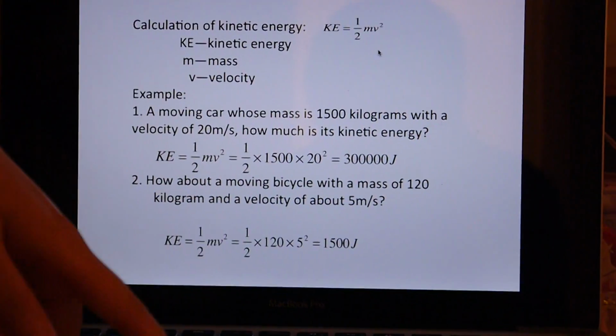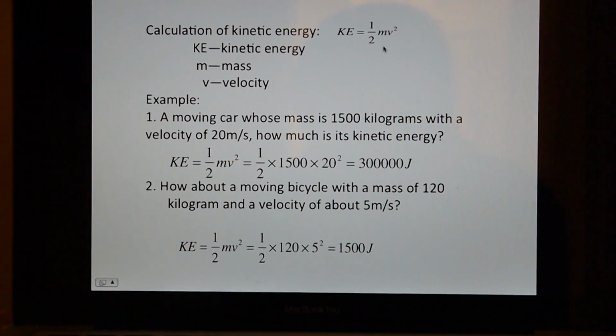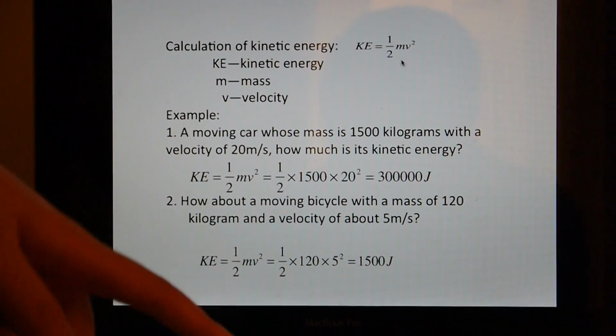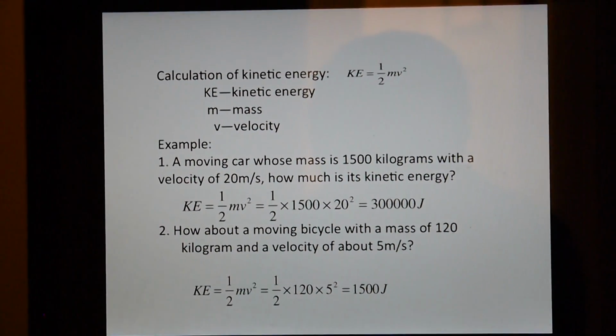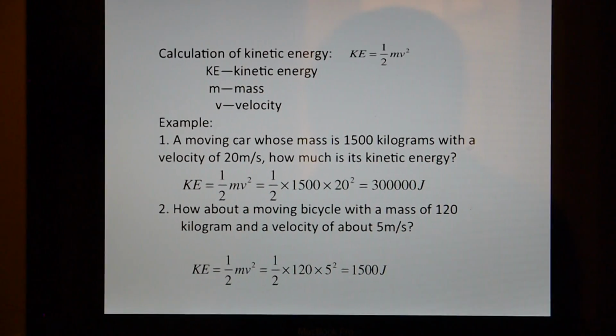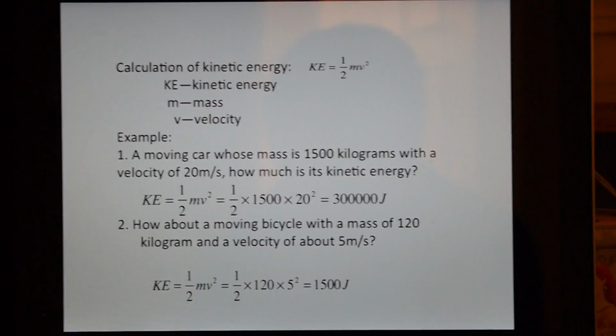Now we'll do something about the formula. So this is the formula we use to calculate kinetic energy. It's KE equals 1/2 mv squared. What do these symbols mean?